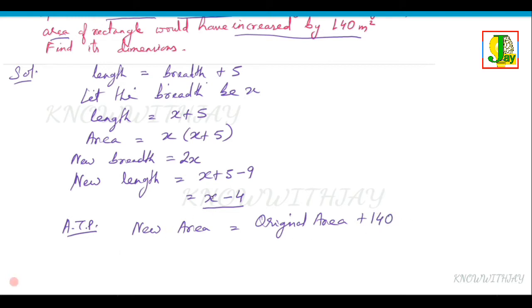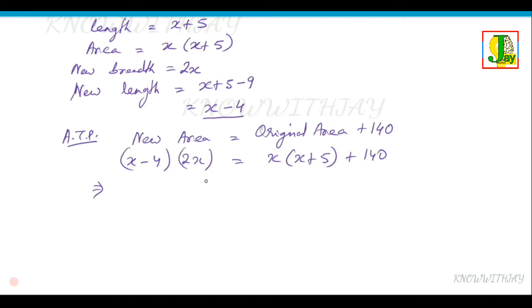So the new area is, you can multiply length into breadth, that's x minus 4 into 2x, equals original area x into x plus 5, plus 140. If you open the brackets, you get 2x square minus 8x equals x square plus 5x plus 140.